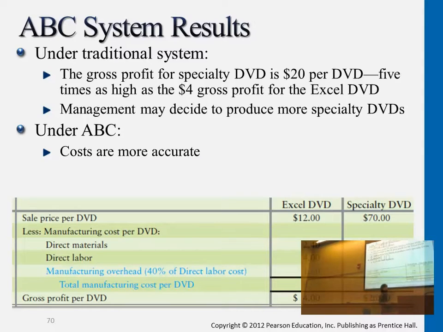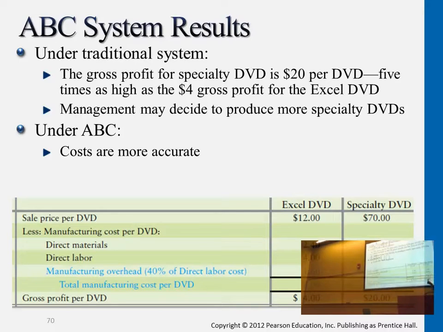Okay, so let's take a look at this example here again, DVDs, two types of products. We have Excel, we have specialized ones. If we just look at the last line, profit, what do you think this table is telling us? The sales price is $12 each for Excel DVD, $70 each for specialty DVD.